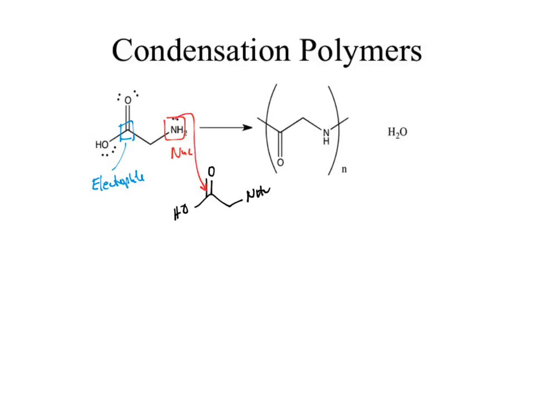Our nucleophile can attack, form the tetrahedral intermediate. Step 1. Step 2, what happens? We eliminate ROH, and we would have the first part of our nucleophilic addition-elimination polymer, or our condensation polymer. That then continues out multiple times over.